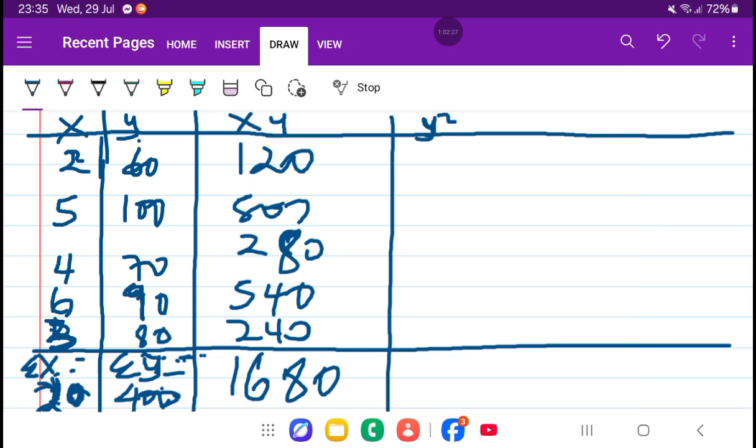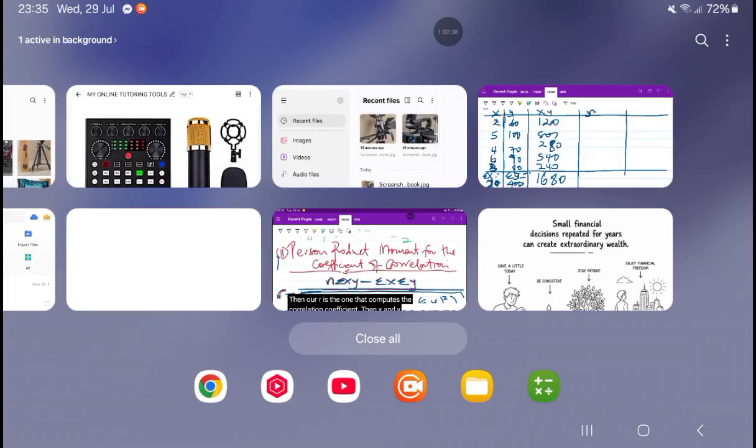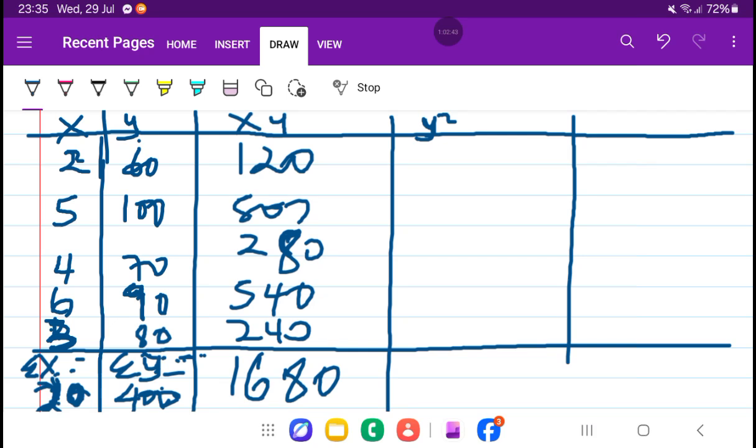Then we get our y squared, 60 squared. If you want, you can even get your x squared here, but it's not necessary. Y squared: 60 squared is 3600.